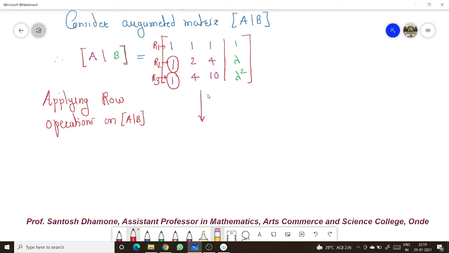Here n is equal to 3. Therefore, the rank of AB must be equal to 2.